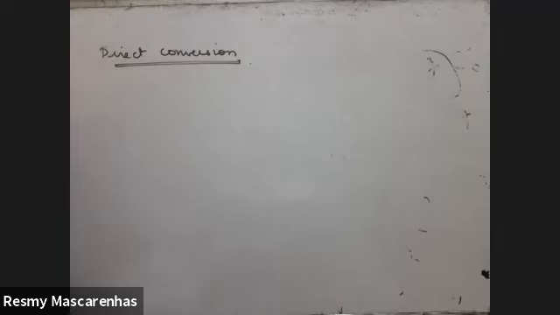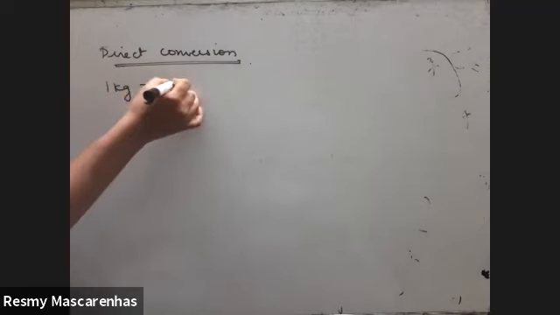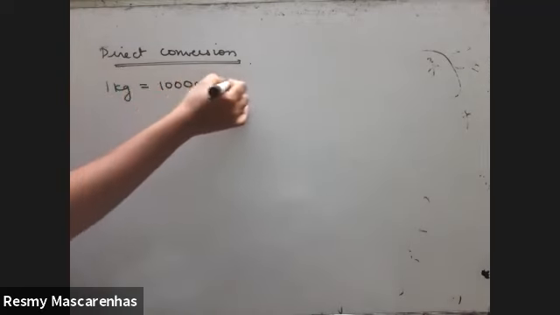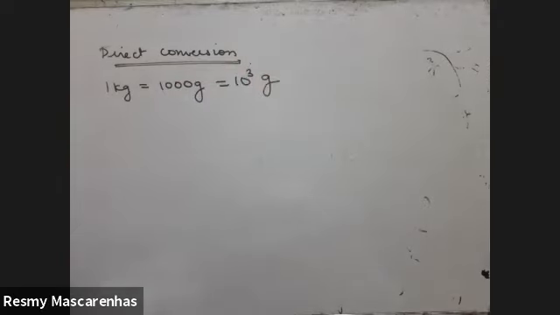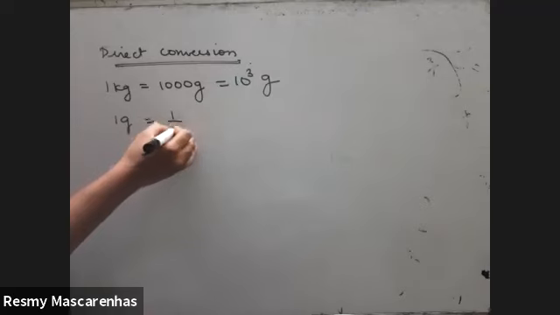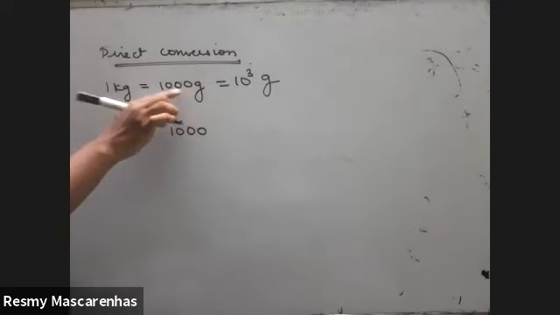For direct conversions, basically you have to remember this. I told you 1 kg, 1 kilogram, is always 1000 gram. It is the same as 10 raised to 3 gram. One gram is the opposite.